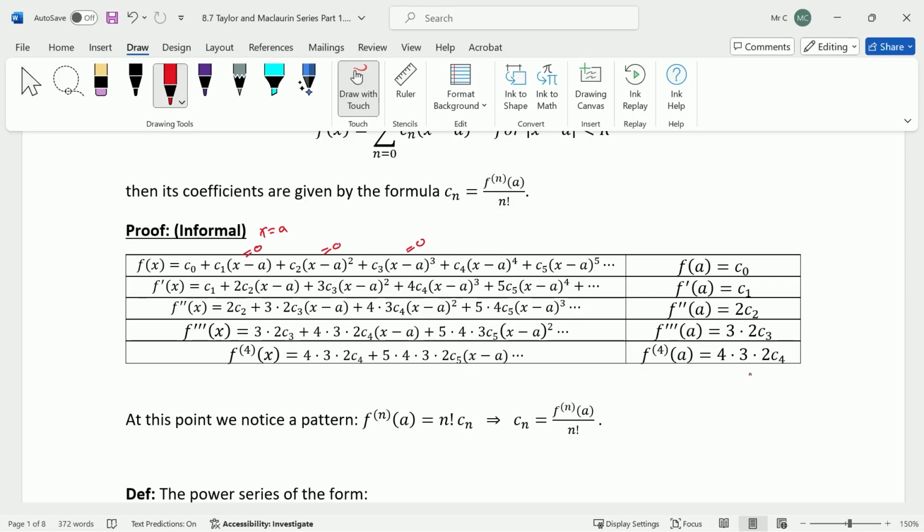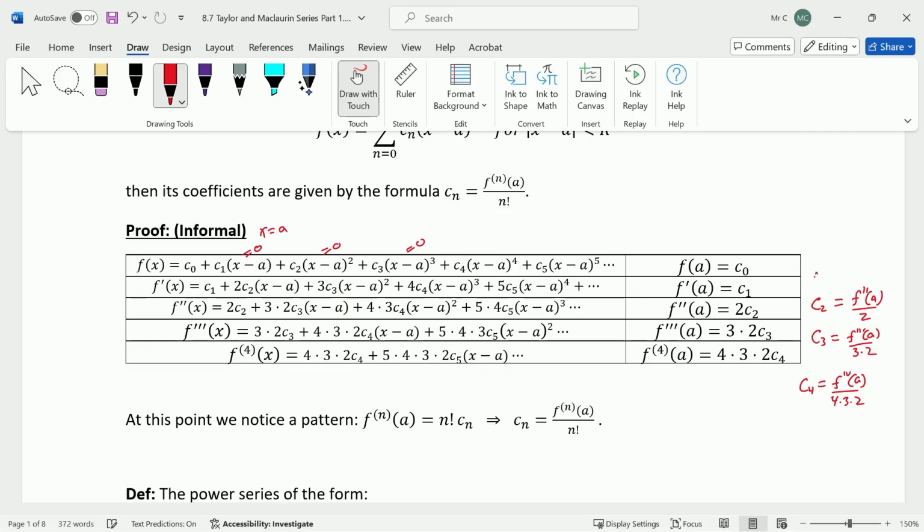So we might notice a pattern here. Starting with the third one, we divide out the 2 and we get c2 is f double prime at a divided by 2. And c3 is f triple prime evaluated at a divided by 3 times 2. And c4 is the fourth derivative evaluated at a divided by 4 times 3 times 2.